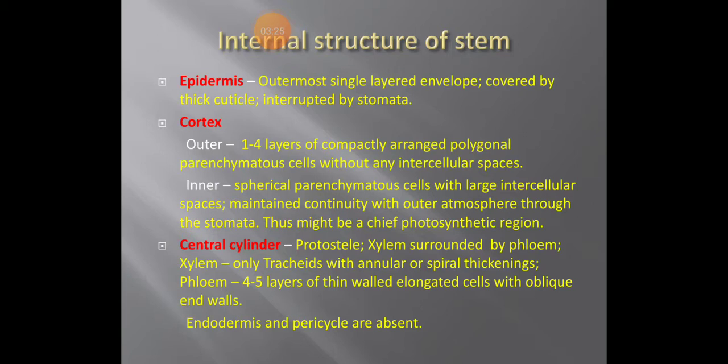The epidermis is a single outermost layer covered with a thick cuticle and interrupted by stomata, almost like a Psilotum stem. The outer cortex has one to four layers of compactly arranged polygonal parenchyma cells, and the inner cortex has spherical parenchyma cells with large intercellular spaces, continuous with the atmosphere through the stomata.